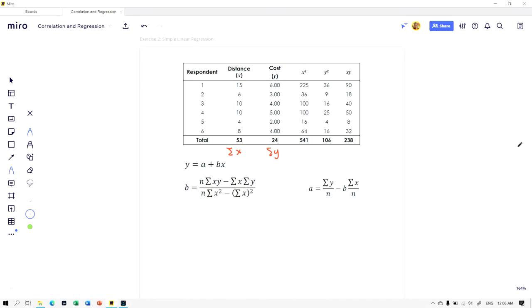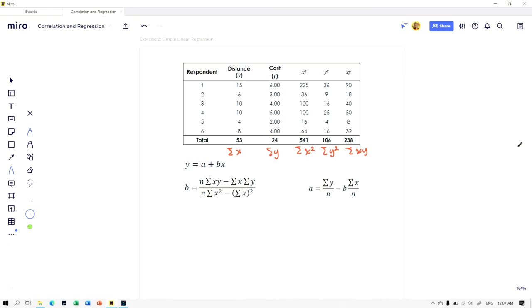For the column of x squared, the value of 541 is the sum of x squared. For the column of y squared, this value 106 is the sum of y squared. And for the last column xy, the value 238 is the sum of xy.